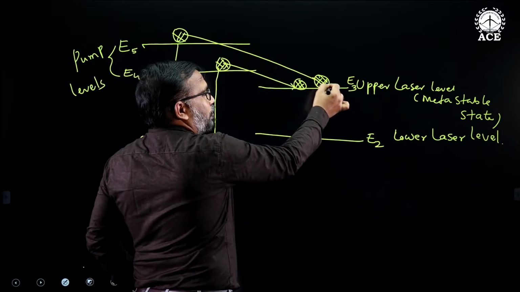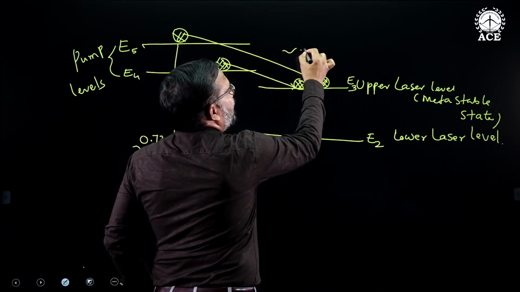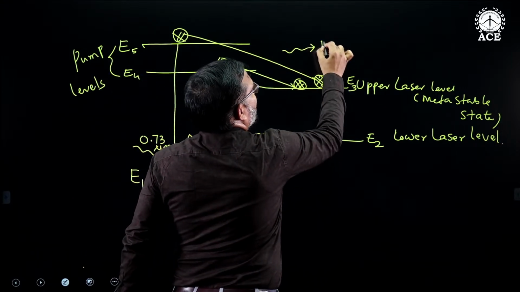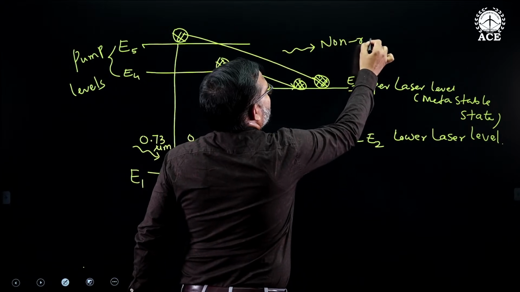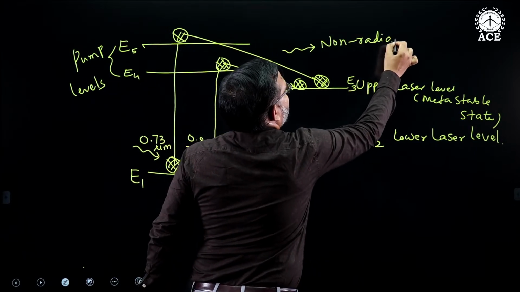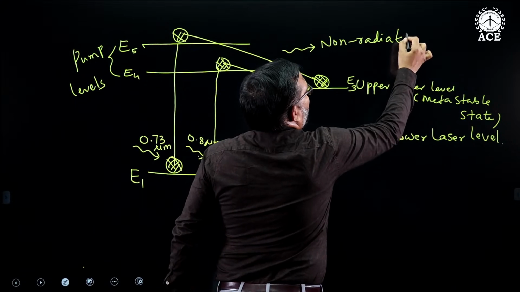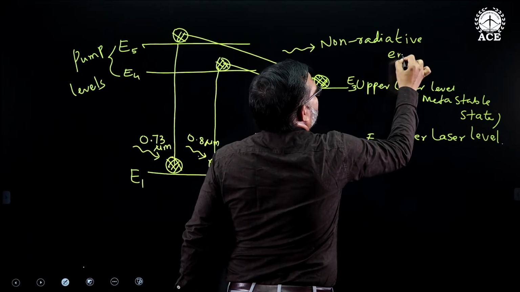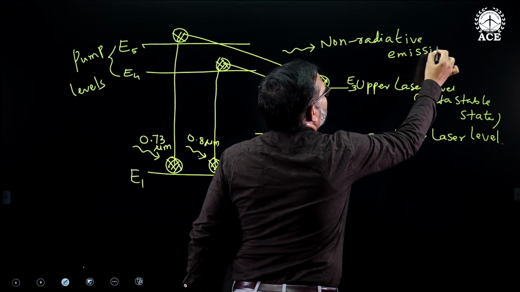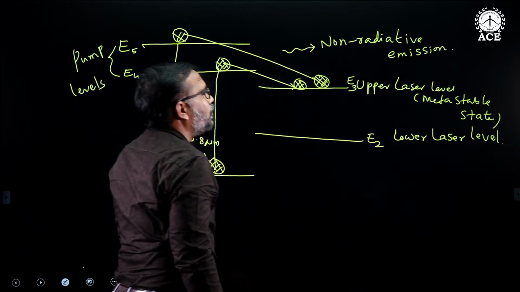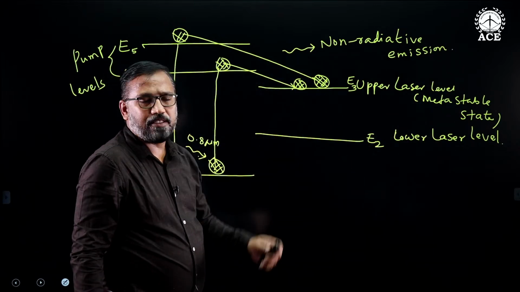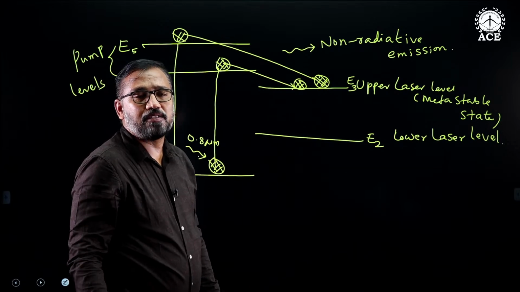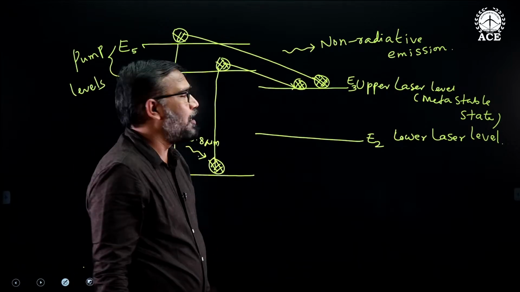When they come from this level to this level, they release some amount of energy; that is non-radiative emission. Now this upper level is also called the metastable state, where the atoms or ions are going to stay for more time.